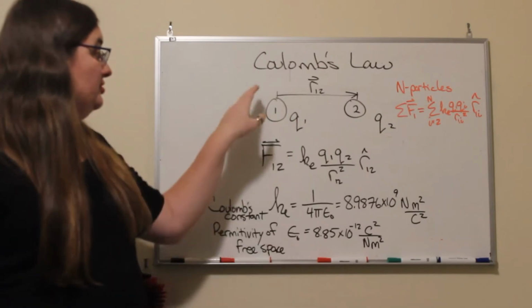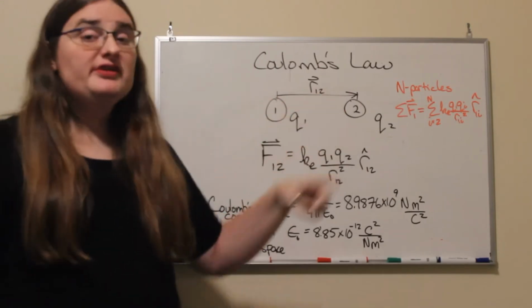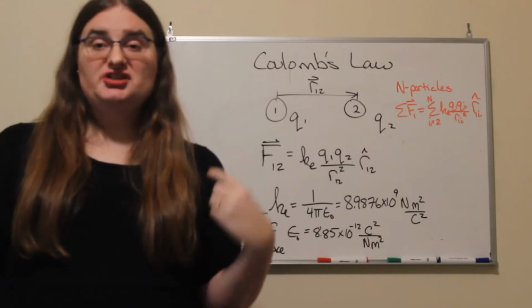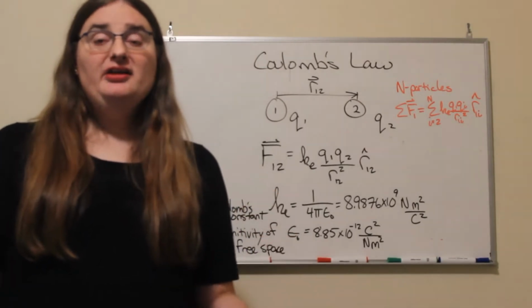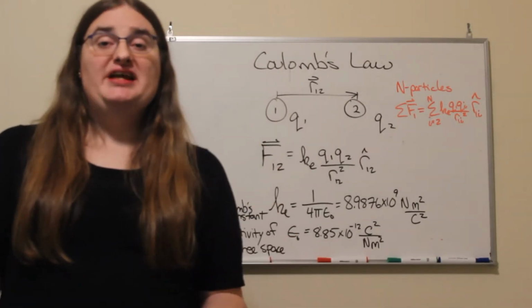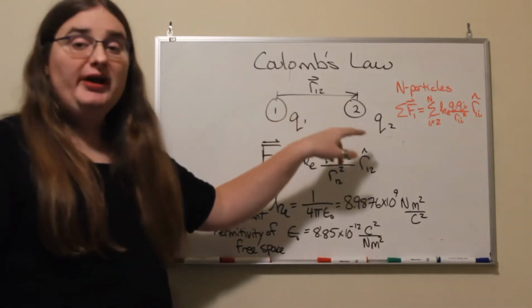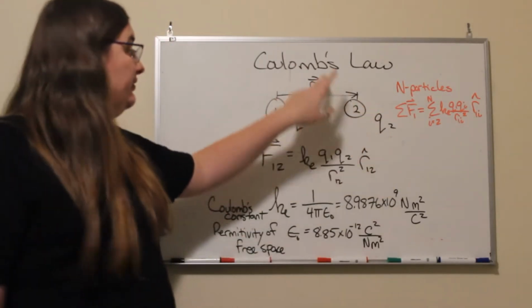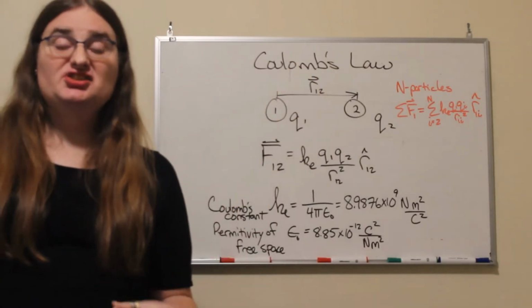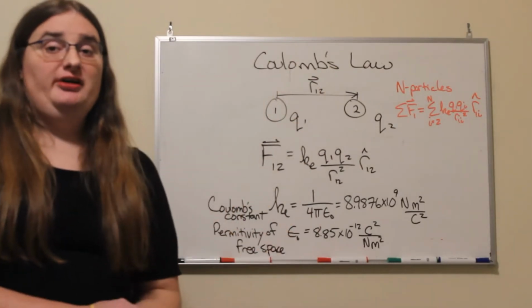It's proportional to 1 over the distance between those two charges squared, and we need a constant of proportionality to get units of force from units of charge squared, which would be coulombs squared, divided by units of distance squared, meters squared.